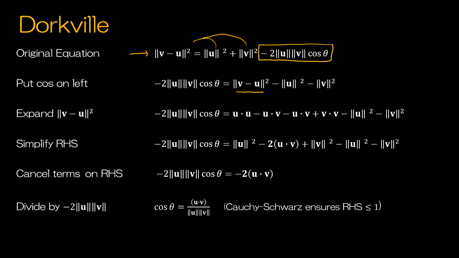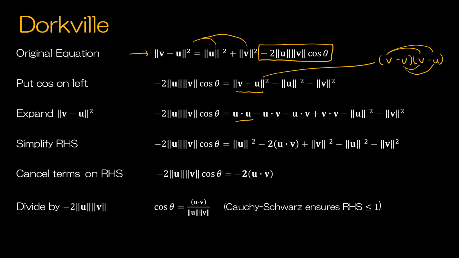Well, v minus u, as we know, is this: I said this is v minus u dotted with v minus u. So v dot v, v dot u, negative u dot v, positive u dot u.